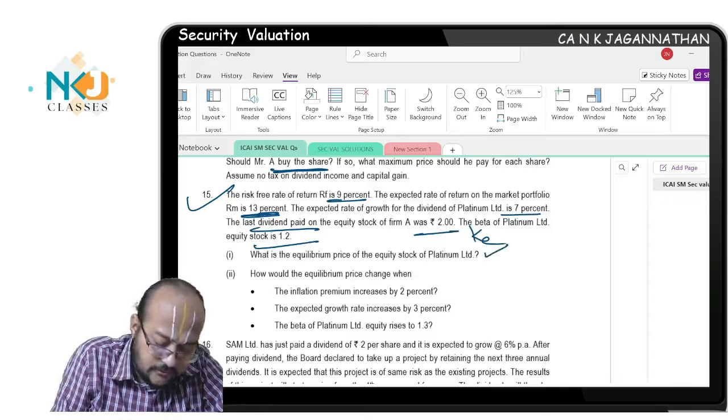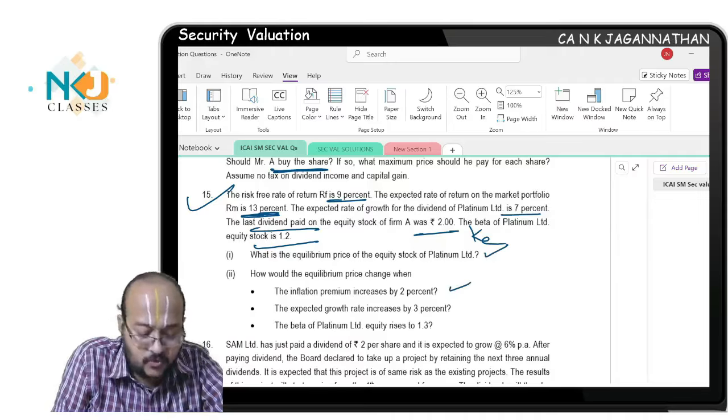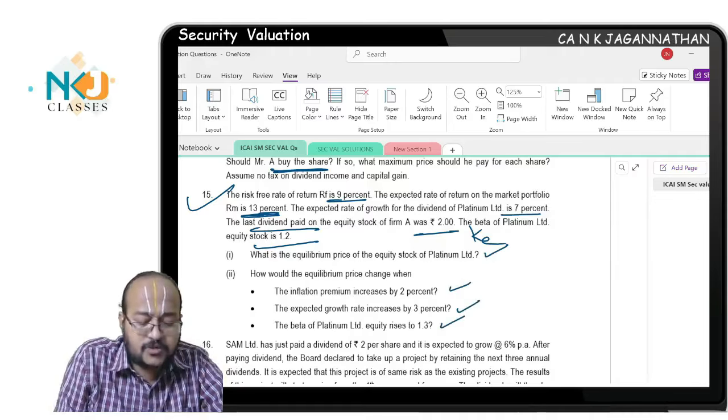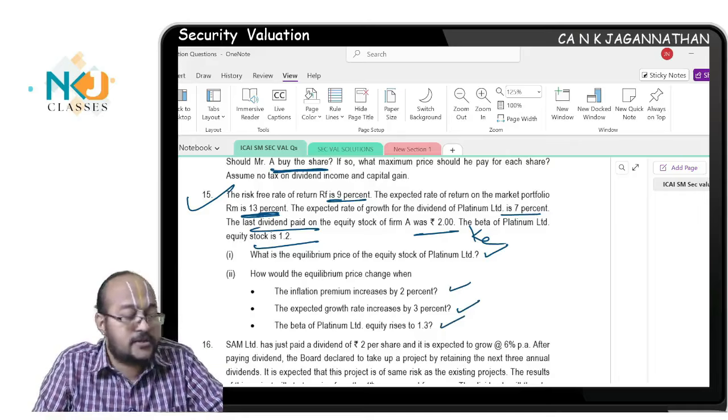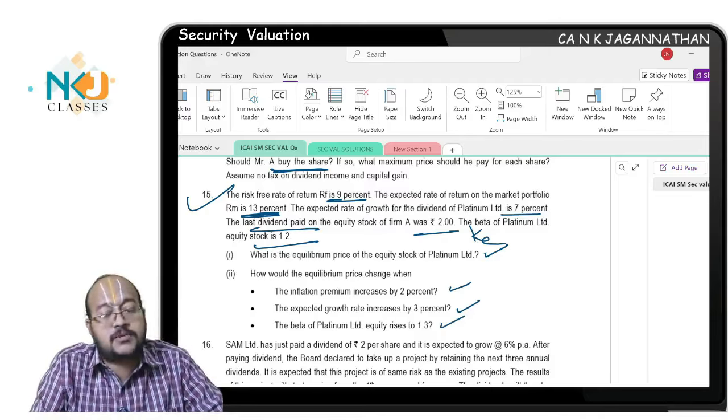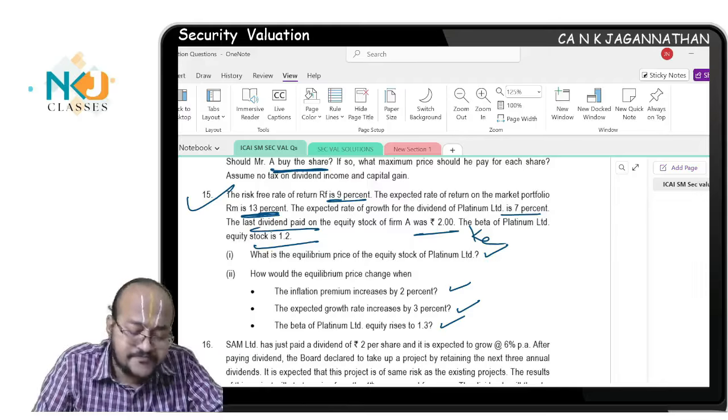How does the equilibrium price change when the inflation premium increases by 2%, the expected growth rate increases by 3%, and the beta of Platinum Limited equity shares goes to 1.3? This is a sensitivity analysis question. They are changing the data, and you need to find out how the share price reacts.